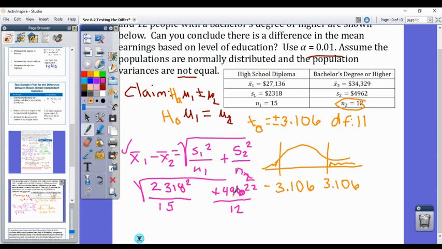All right, cool. So if I plug that into my calculator, I'm going to get 155.416.